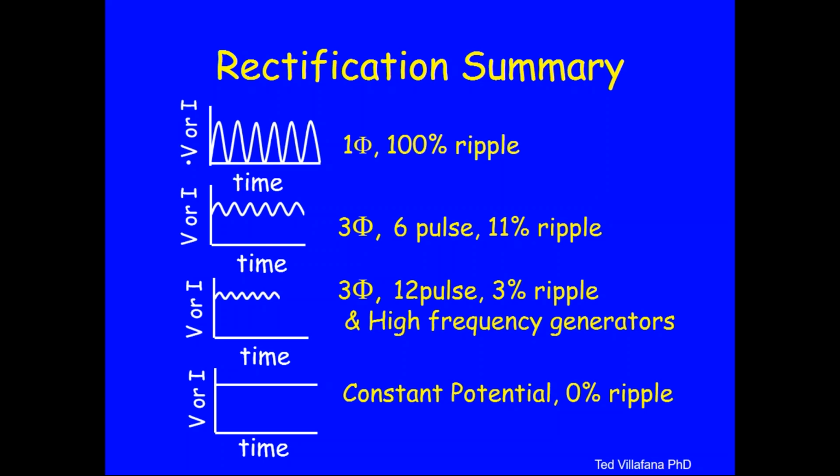These take a lot more electronics, equipment, and a bigger footprint, more cost. So you hardly see these in practice. In practice, our systems will have 3-phase 12-pulse. All CT scanners I know of, all interventional fluoro units I know of are 3-phase.